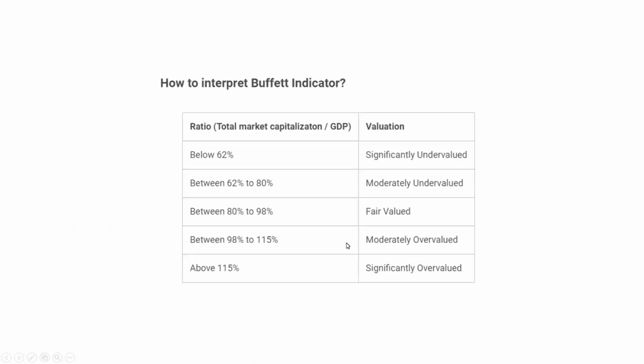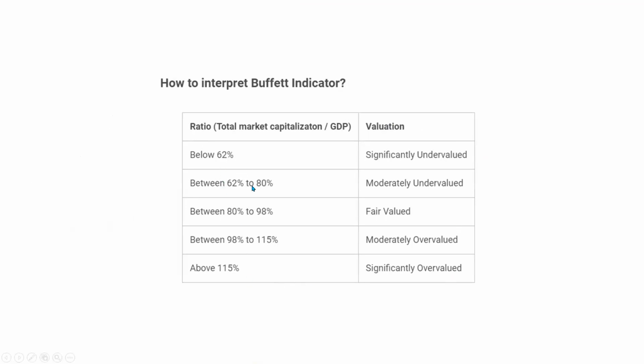And one of the indicators that I'm going to bring into the discussion, actually two of them, is the Buffett indicator. So traditionally, these are the values on the Buffett indicator that indicate whether the markets are undervalued, fairly valued, or overvalued.